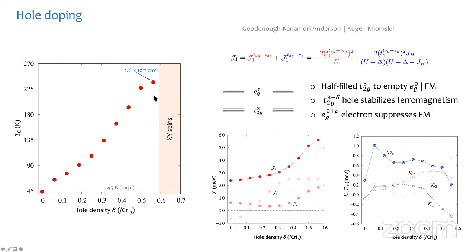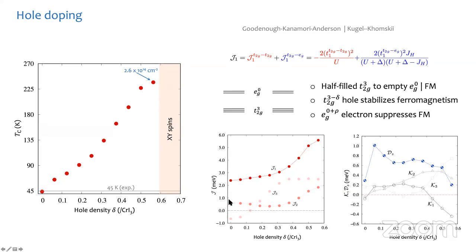And this is a reasonable carrier doping, because we know that in materials like MoS2, 5 times 10 to the power 14 per centimeter square has already been achieved experimentally. So this is not something that is not experimentally doable. So this is within the limit.